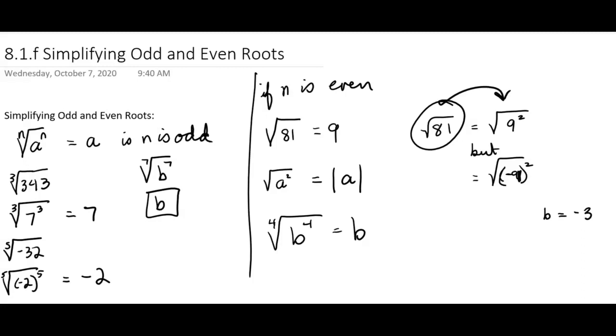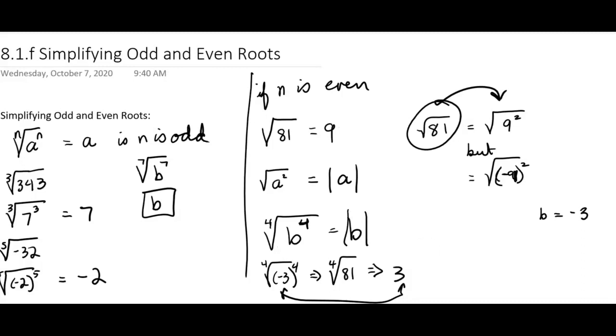So I have to think about the fourth root of -3 to the fourth, which would be the fourth root of 81, which would be 3. But that 3 is not what b was. b was a -3. So when we raised it to an even power, it made it positive, but it's not the actual base that we started with, okay?